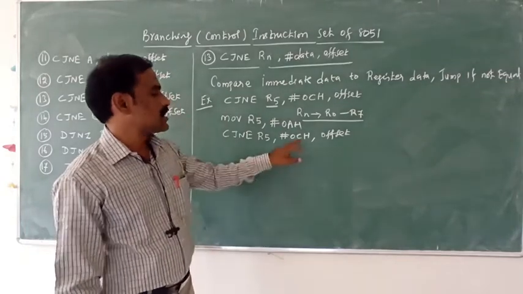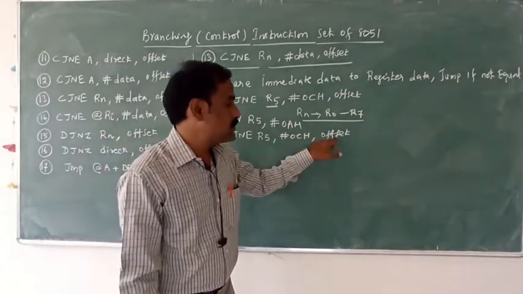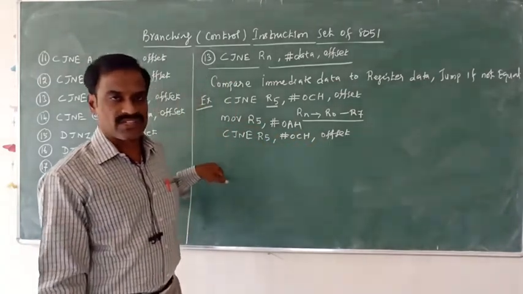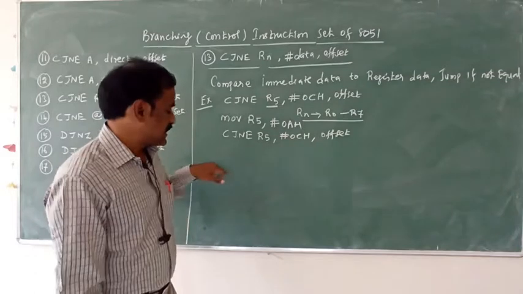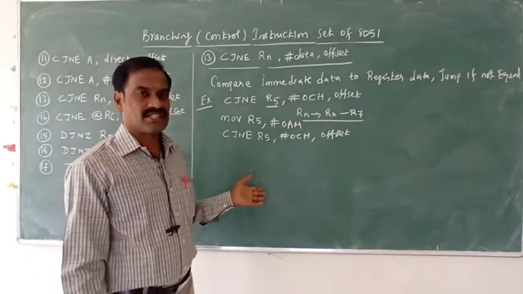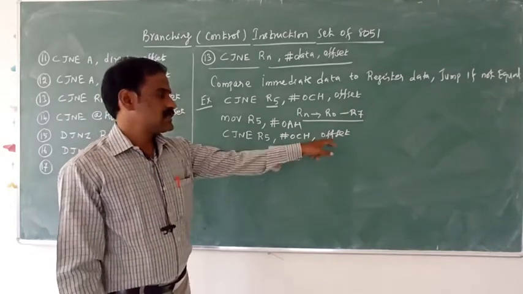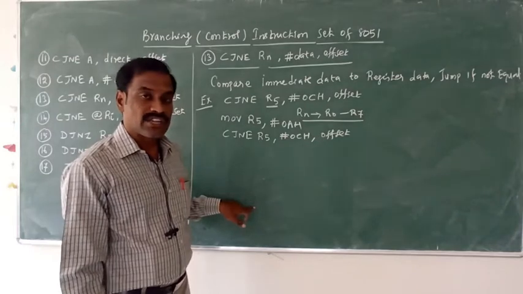Not equal means this condition is satisfied and it will jump to the given memory address location. Otherwise, it will check some other conditions, or it will execute this memory address location data.